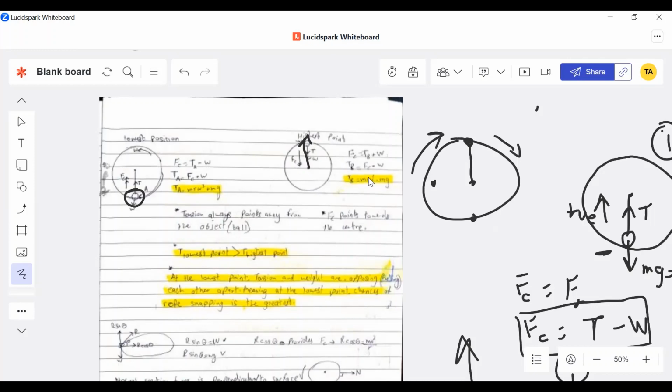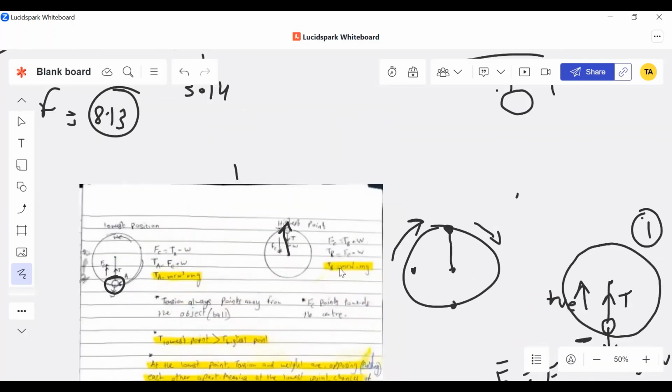When it's upward, what is Fc? Fc is still equal to all of the resistive forces. In this case, when the object is upward, the weight will act downwards, because weight will always act downwards. And what would be the tension? Would the tension be upward or downwards?